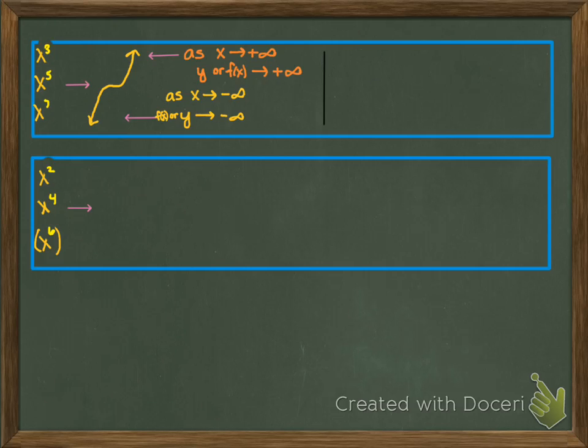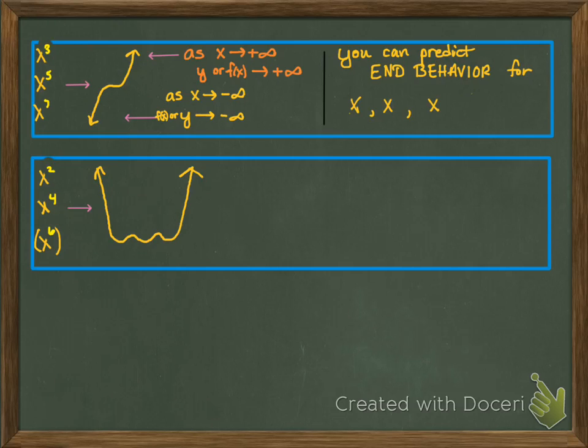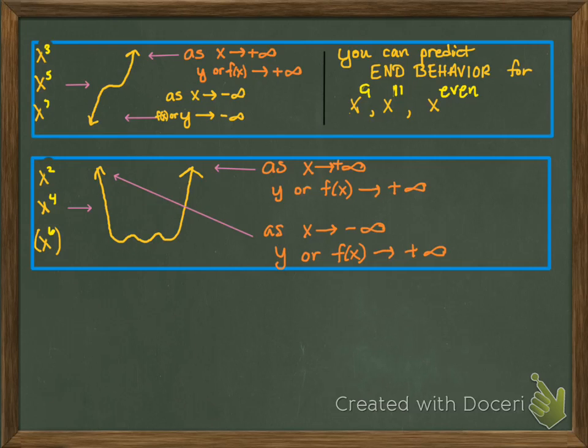So what that means to us is you can predict the end behavior for anything that has x to the 9th power, x to the 11th power, or in general anything that's x to the odd power.